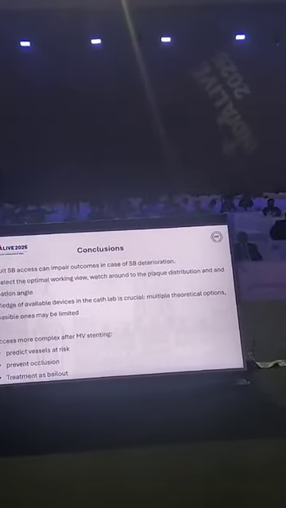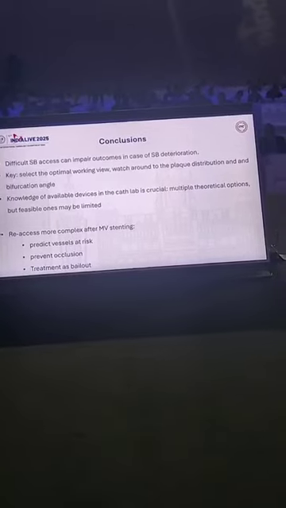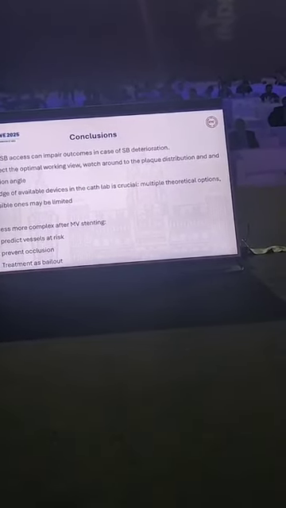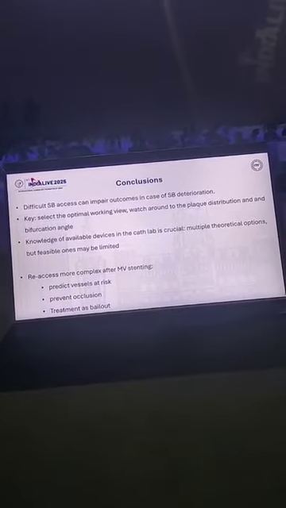In conclusion, typical side branch extension can be their outcome in case of side branch deterioration. Key are selection of optimal working means, watch the management about the plaque distribution and the bifurcation angle, including the carina angle.